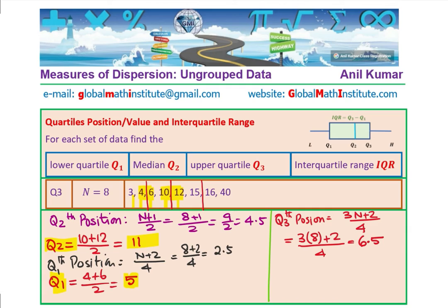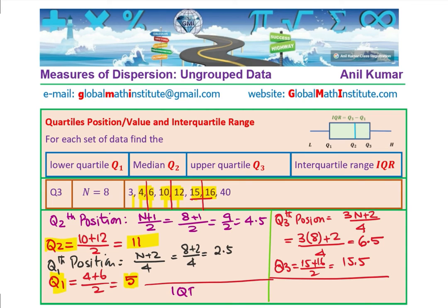So between 6th and 7th position, right? So 15 plus 16 average, right? So we get Q3 as average of 15 and 16, which is 15.5. And now we can calculate IQR, correct?